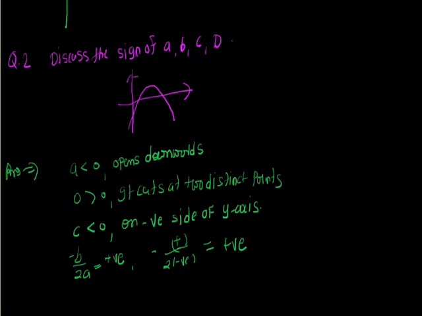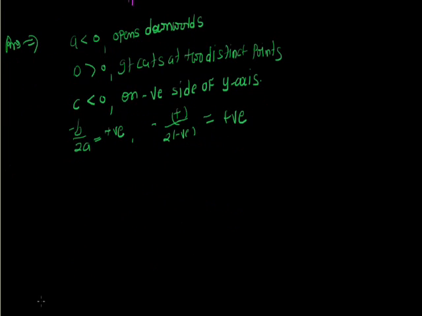So finally we can write the signs of a, b, c and D like this: a is less than 0, b is greater than 0, c is less than 0 and D is greater than 0. This is our final answer. So that is all about the graph of the quadratic.